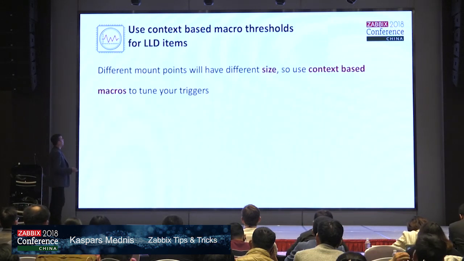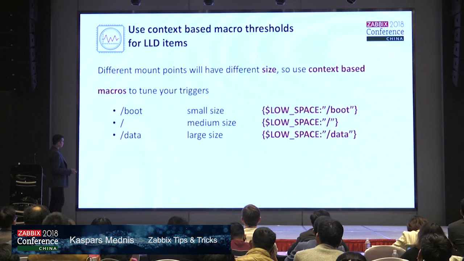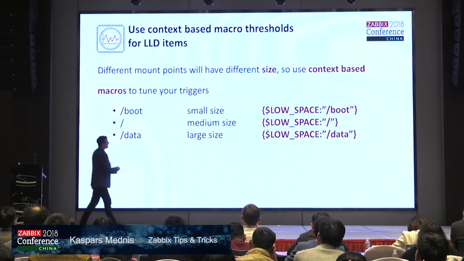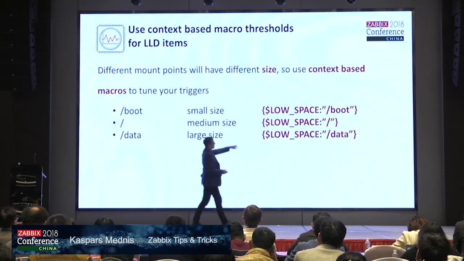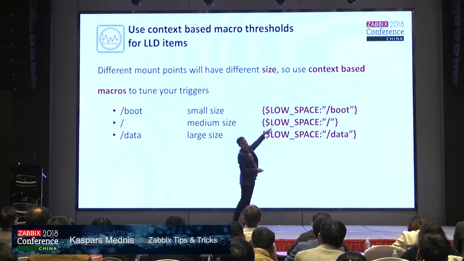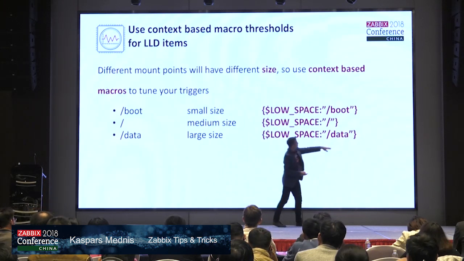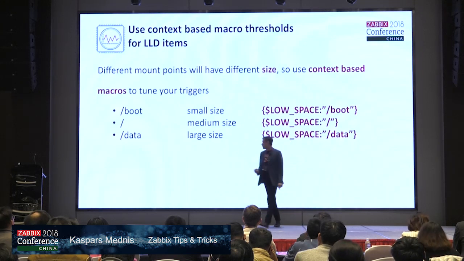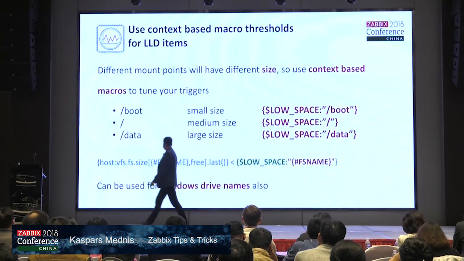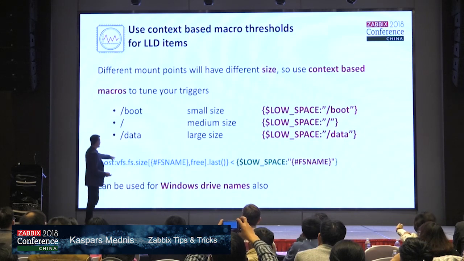In real life, it will look like this. So you define low space boot, you can use such syntax. You use the macro low space and then you use this syntax to define the mount point. And here is the trigger.